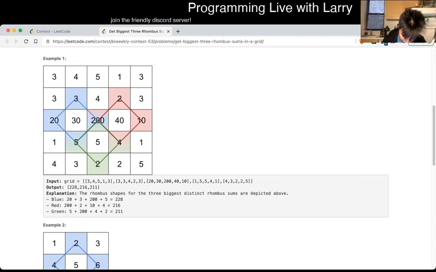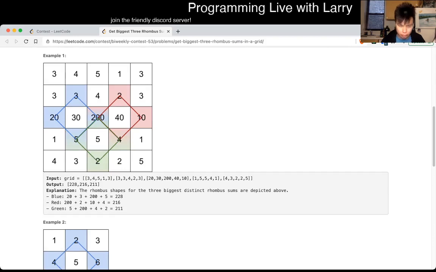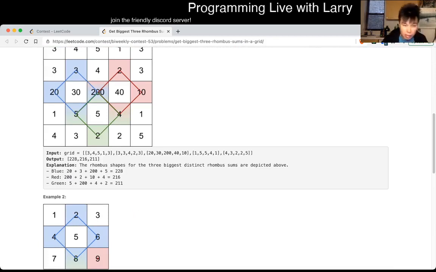Maybe that's how I should have thought about it. I don't know. Definitely struggling with this one.